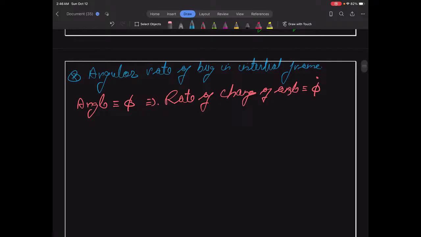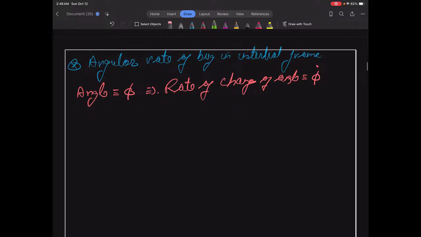So let's find out the angular speed of the bug walking along the ring, with speed which we have said as v. The speed of the bug will be in the tangential direction.